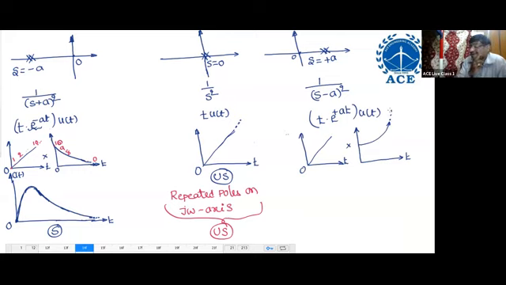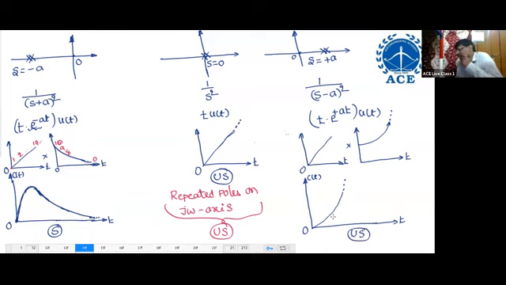It starts from 0, and then rises quickly to infinity. The system is unstable. Right-hand side is always unstable. Left-hand side is always stable. Imaginary axis: repeated means unstable, non-repeated means marginally stable. Okay?